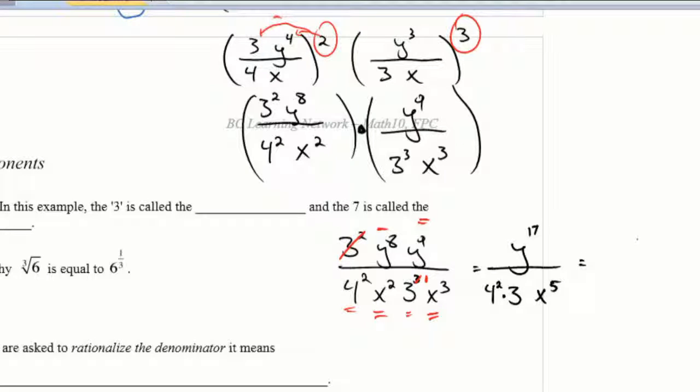Now, I don't know if the answer has the 4 and the 3 combined together or not, but I'll just assume it does. 16 times 3 is 48. So y to the 17, 48, x to the 5.